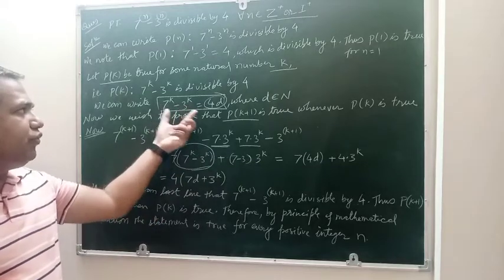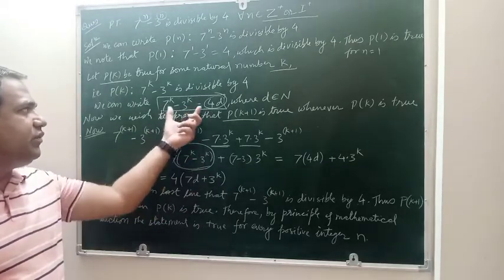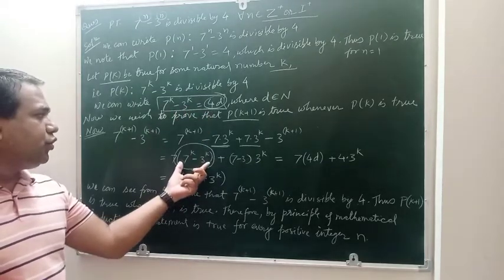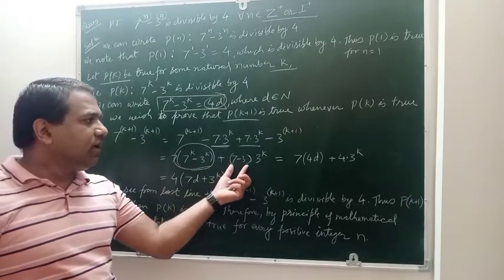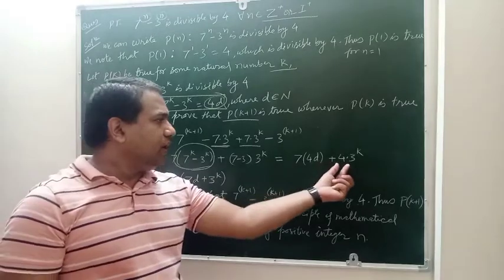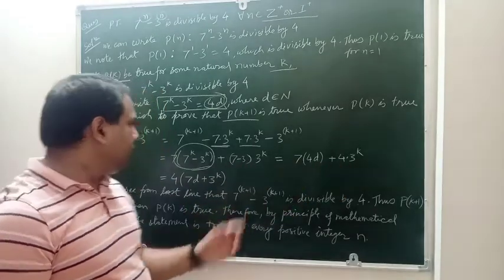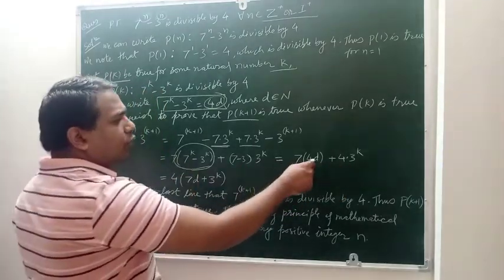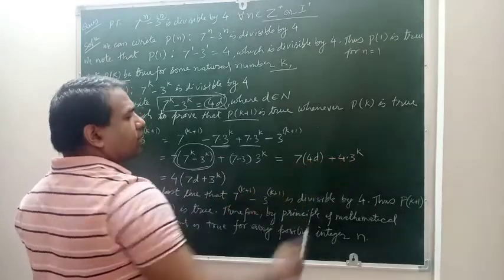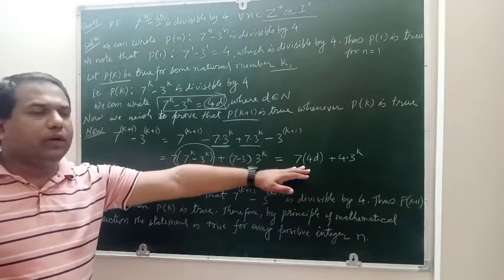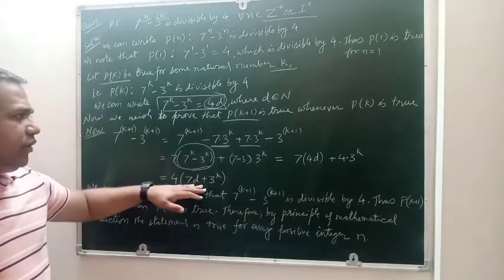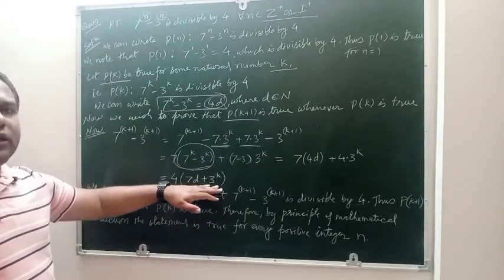Now this is true. We are considering this is true and this is divisible by 4. So we will consider this as 4d, and 7 minus 3, this will give us 4 only. So now it will become 7 into 4d plus 4 times 3 power k. Now I took 4 common from both the terms and it will become 4 times (7d plus 3 power k).